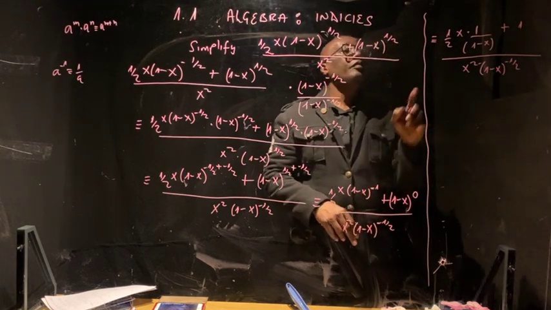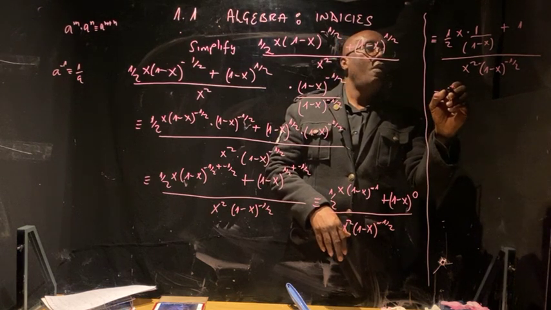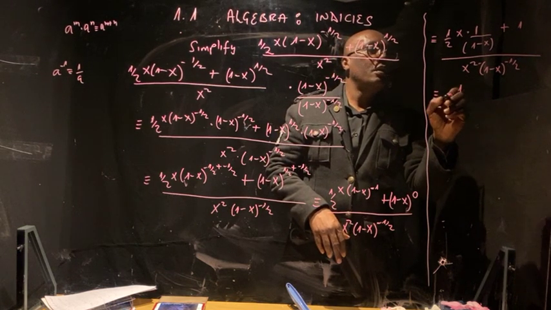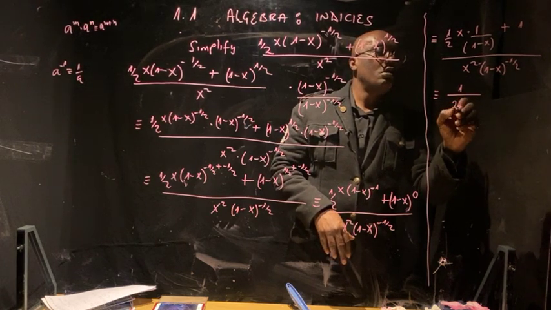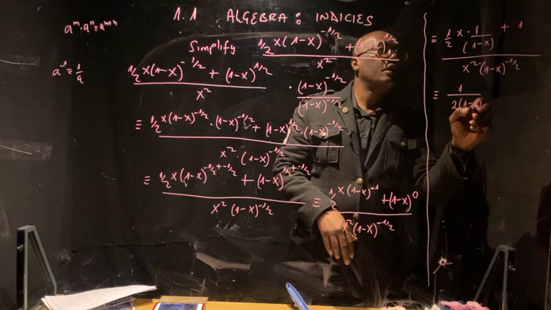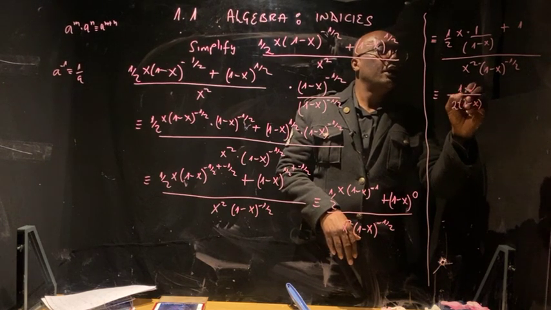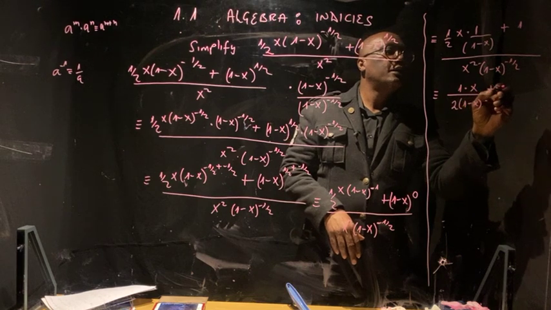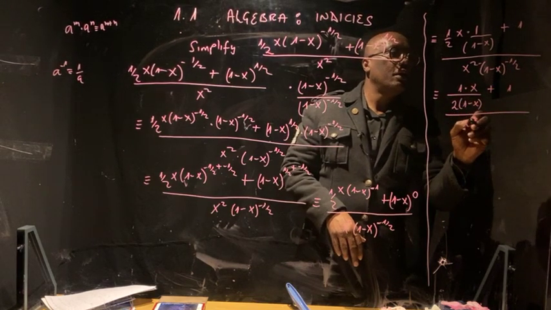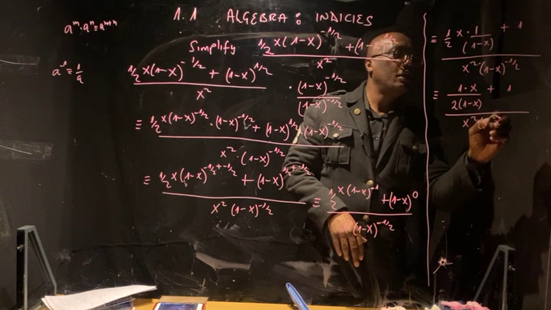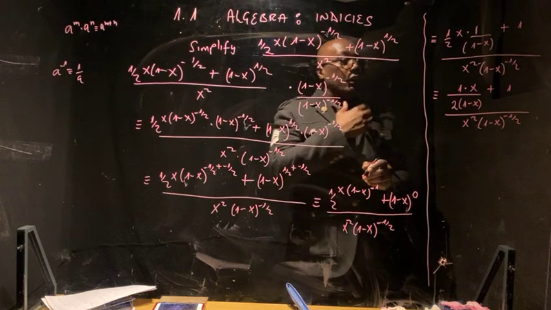Good. This one is no different from 1 over 2 times 1 minus x times x plus 1, all over x squared 1 minus x raised to the power negative half. Good.